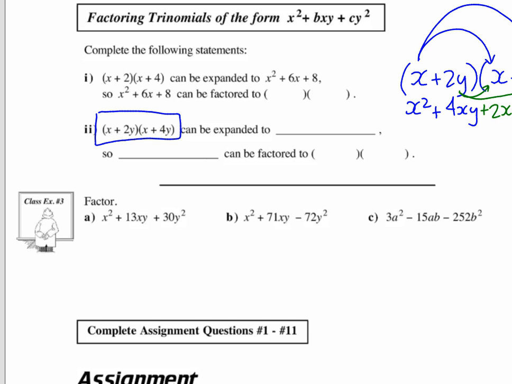So what was your final answer after collecting like terms? x squared plus 6xy plus 8y squared.